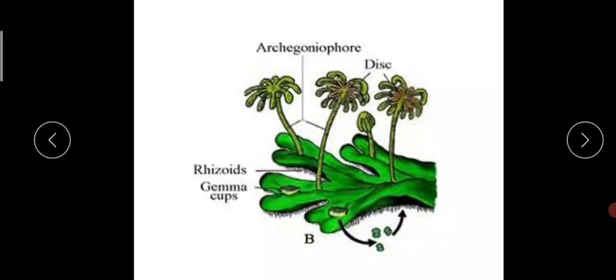So in each lobe there will be around 14 archegonia, and after the fertilization process, the stalk of the archegoniophore elongates further, and the central portion of the disc grows faster than the ventral surface.